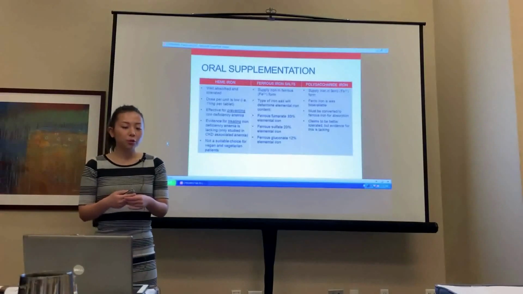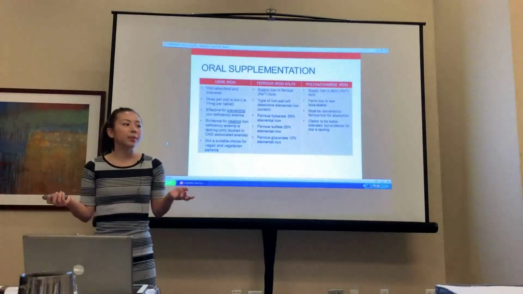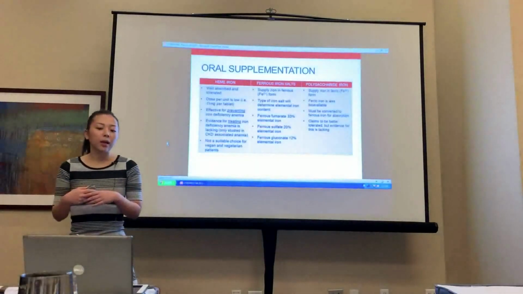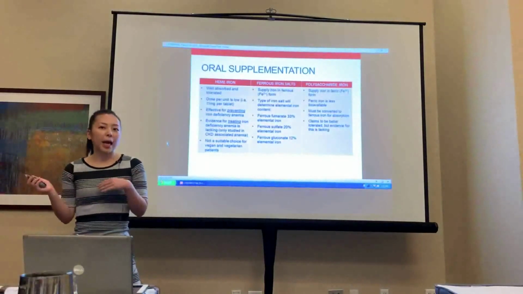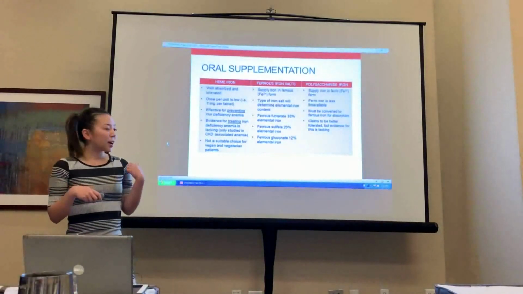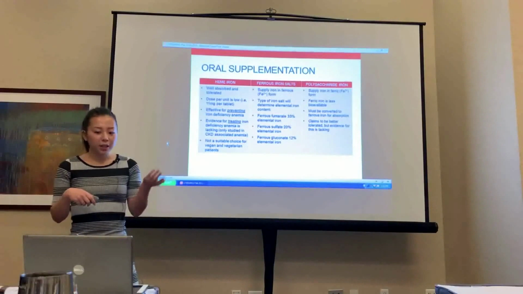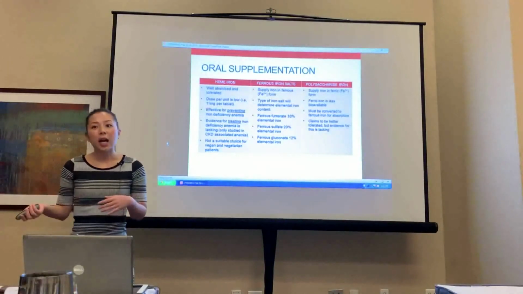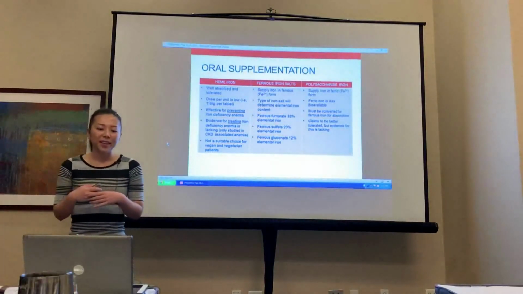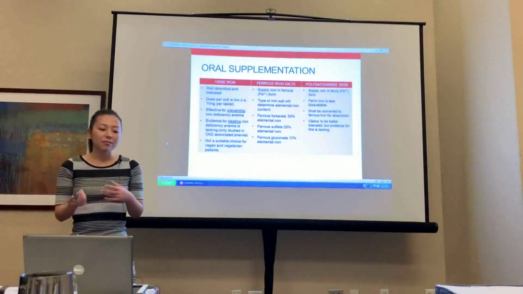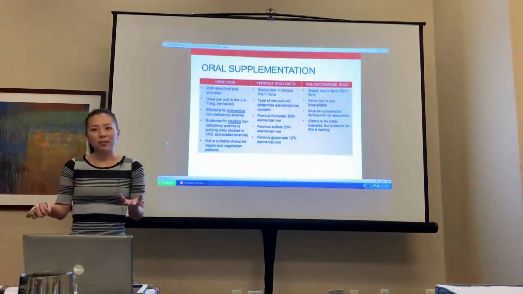When it comes to what's on the market right now, the types of oral iron therapy, we can break them down into 3 categories. We have our heme iron, we have ferrous iron salts, and we have our polysaccharide iron, so FERAPRO. With heme iron, there are some advantages and some disadvantages.